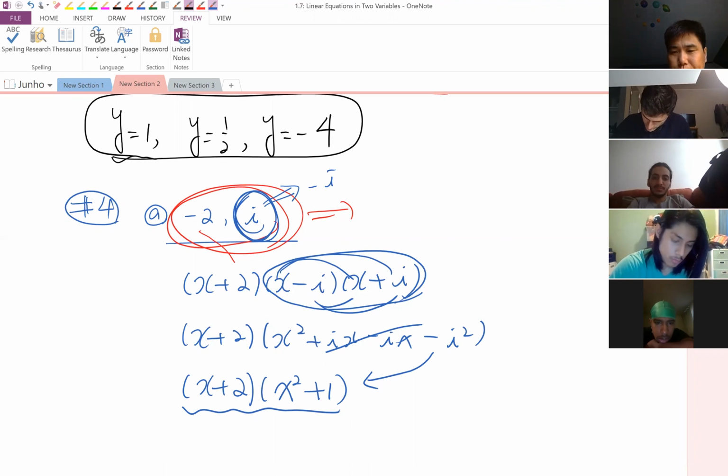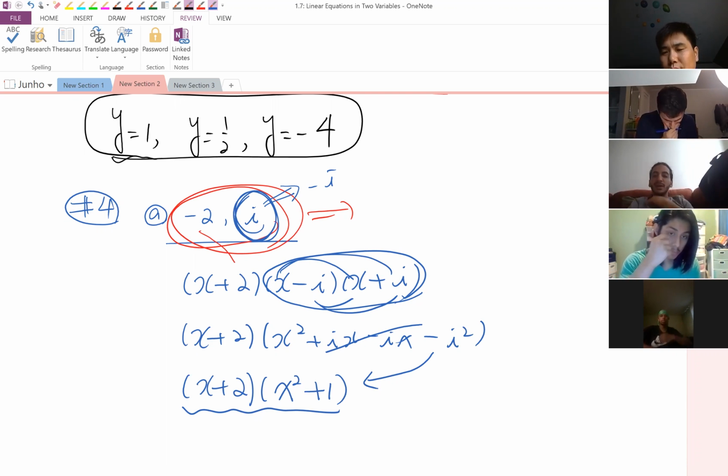Why can we, from the beginning, from x minus i and x plus i, it's the difference of conjugates. You got what I mean, Professor? Yes, you are talking about the binomial factoring, right?